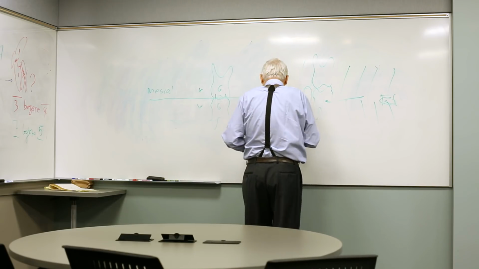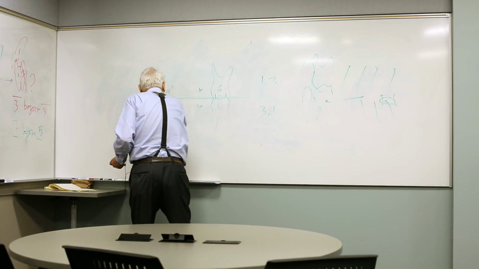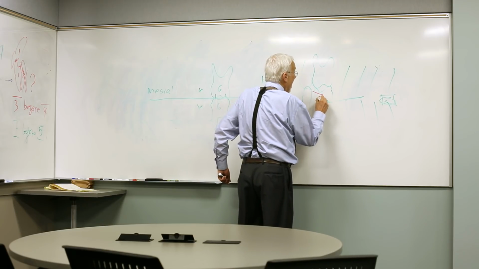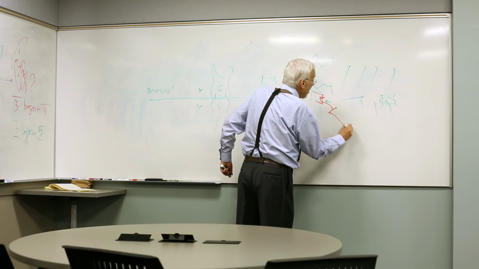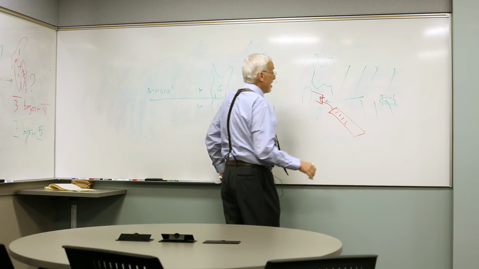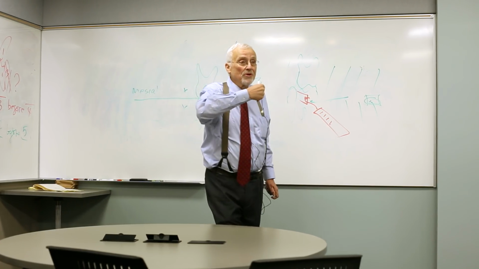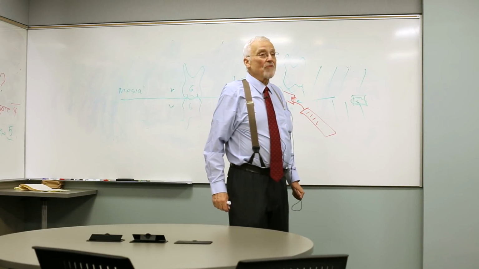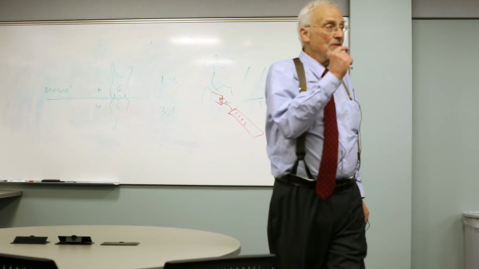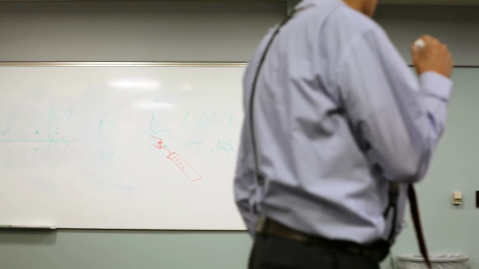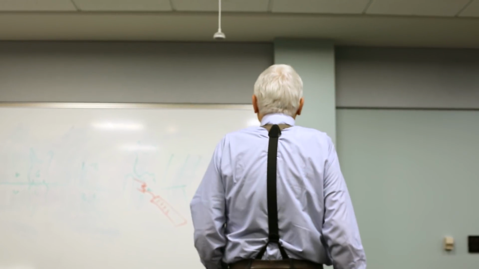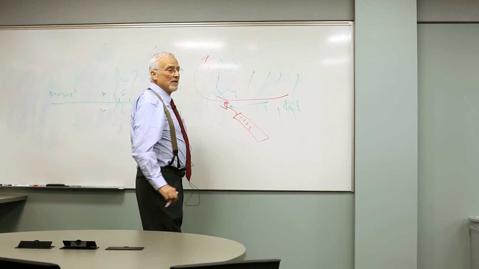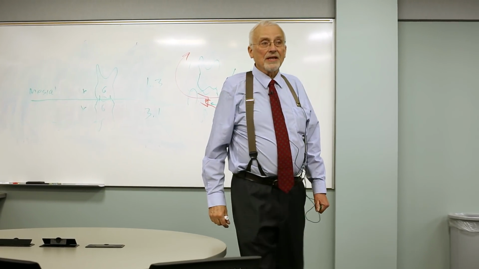He put shim stock between the teeth, and he measured how much force it took to pull the shim stock out from between the teeth. Then he would measure how much force it would take to pull out the shim stock when they were biting down on a block. And what he found out was the anterior component of force was measurable, and it actually went around to the other side, at least to the canine.